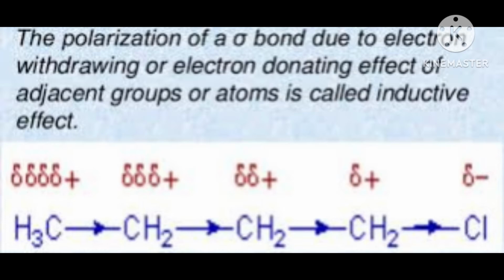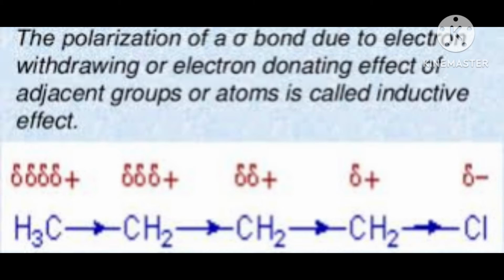Nu, capital N, small u, is the abbreviation for nucleophile, and a pair of electrons will be there. Nu with two dots indicates a pair of electrons.